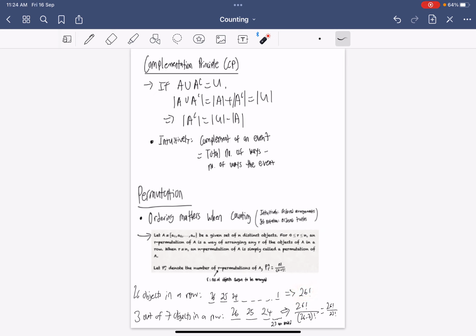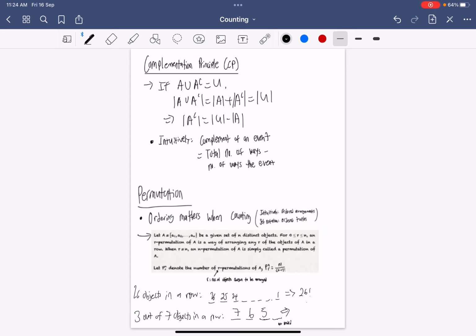But now we want to generalize this to not only having the total number of objects, and say we want 3 out of the 7 objects arranged in a row. Then we can have 7 choices in our first slot, 6 choices in our second slot, and 5 choices in our third slot.